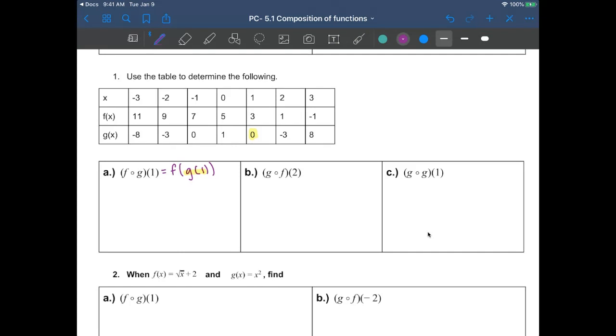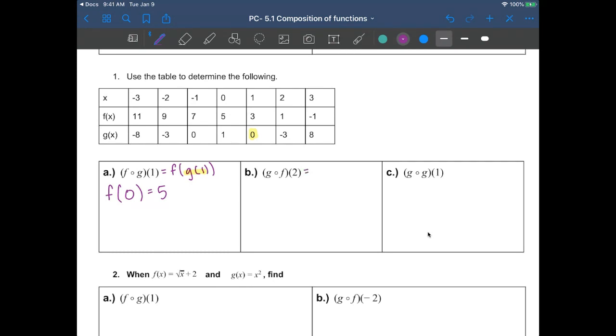So f of g of 1 is equal to 0. Now we're evaluating f of 0. We look at 0, and the f function would be 5. So the output is 5. The output to one function becomes the input to the other.